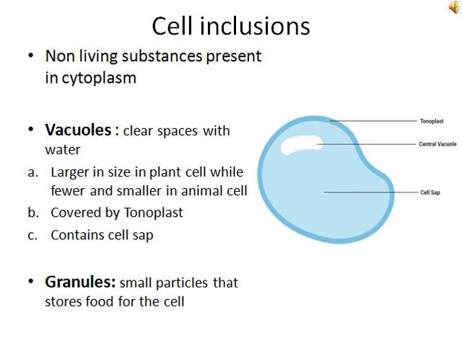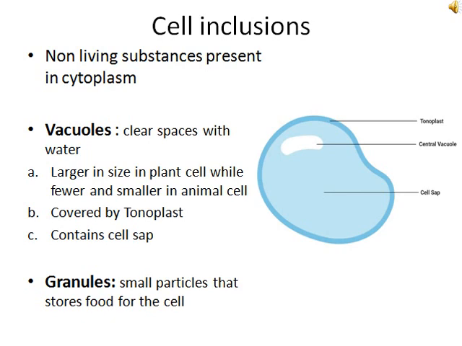They contain a watery fluid called cell sap. The function of the vacuole is to store water and other substances, food, pigments, waste products, etc. They give turgidity to the cells. Granules are small particles that store food for the cell.